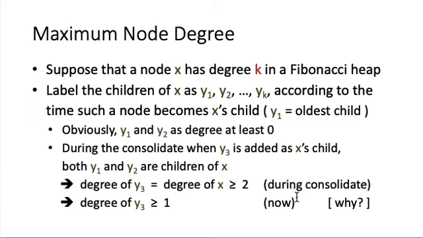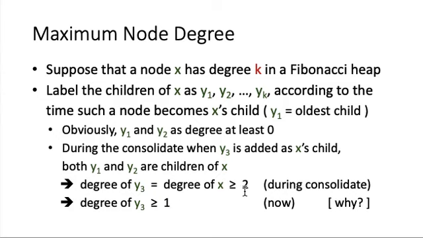Now the situation could be different because in the Fibonacci heap operation, we may have cases where a node could lose a child. If a node loses a child, the degree will be decreased by 1. So previously it was greater than or equal to 2, and now the degree of y3 is at least 1.